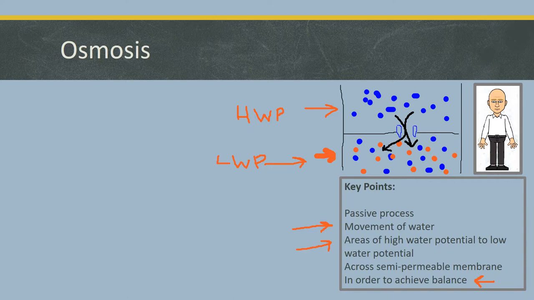Now it's not concentration. So in the past we've talked about passive diffusion and facilitated diffusion for moving high concentration to low concentration. If we took the concentration of water from the top to the bottom, it would be exactly the same. So we're not moving water because there's a high concentration to low concentration of water.